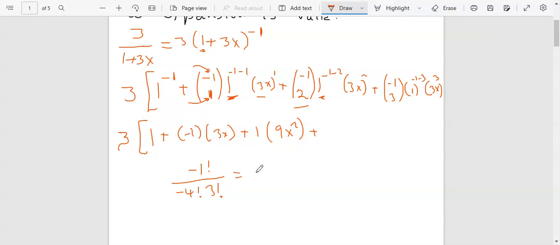So negative 1 factorial means negative 1 times negative 2 times negative 3 times negative 4. So at negative 4, put a factorial since I've got also a negative 4 in the denominator. What is the value for 3 factorial?